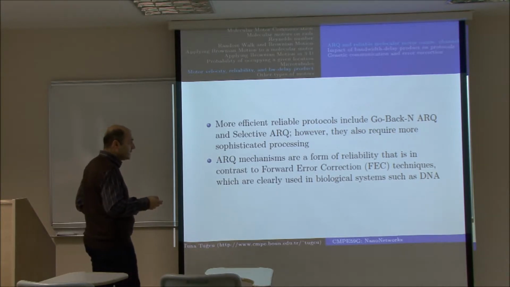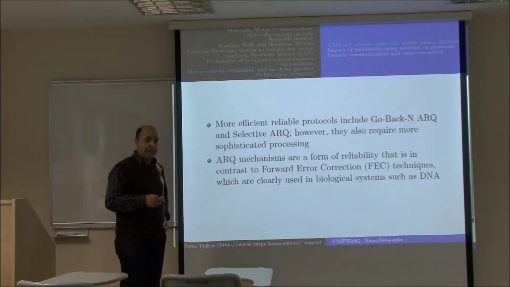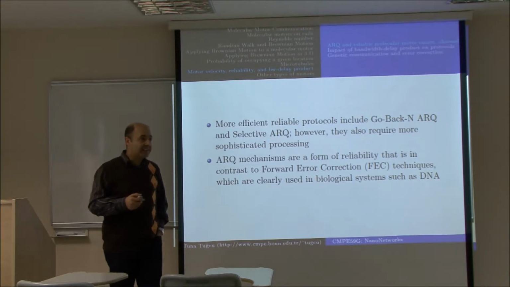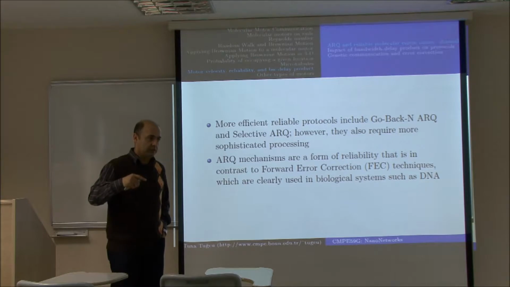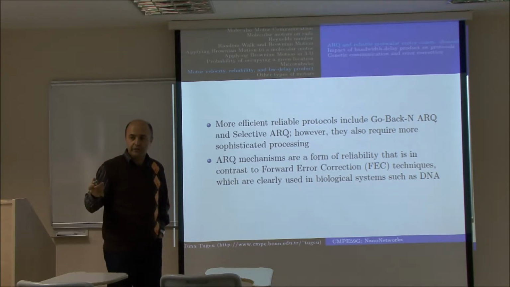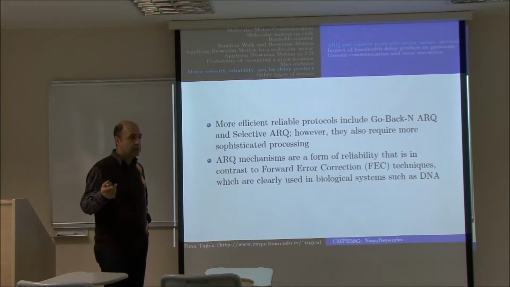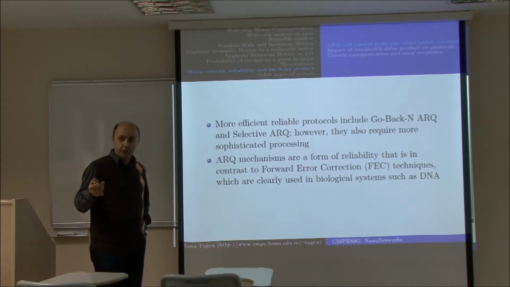So in such a system, if you understand that one of the packets in the middle has been damaged or lost, or it didn't arrive in time, now you have to fix this.